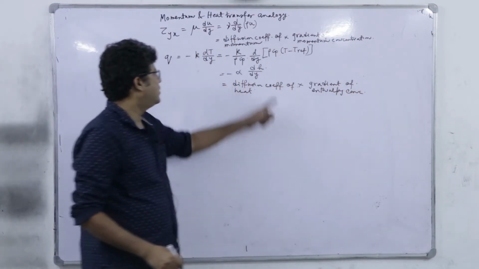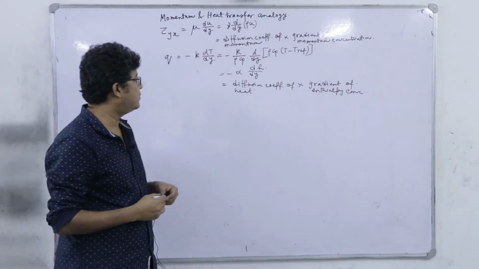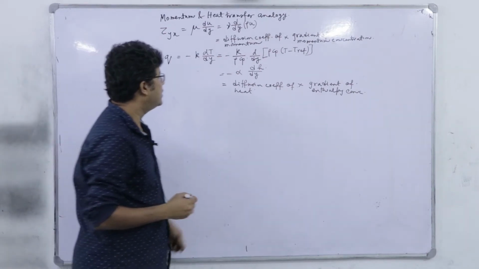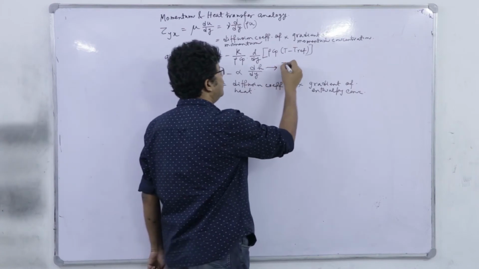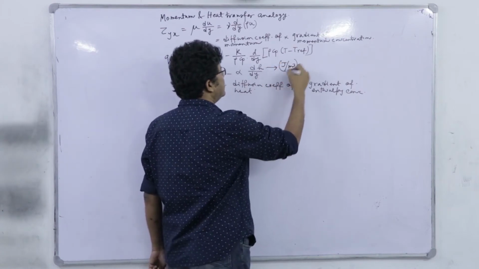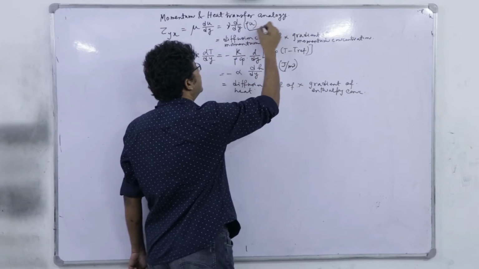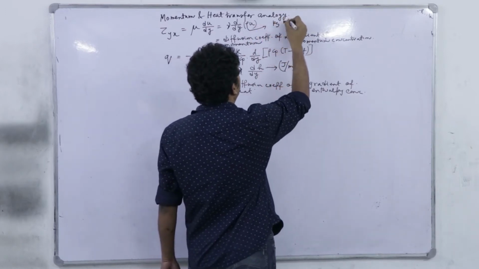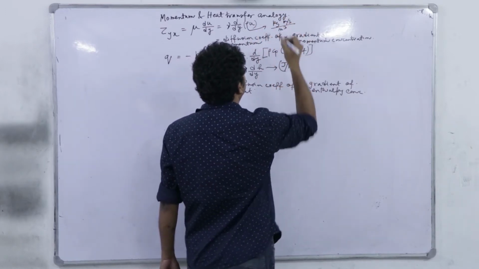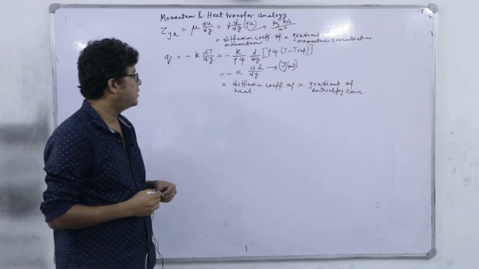right. Because here H is basically in units of joule per meter cube, right. Here for rho u the unit will be kg into meter per second divided by meter cube, right.